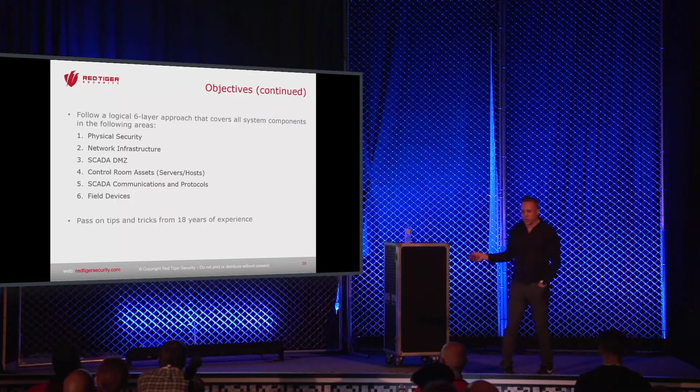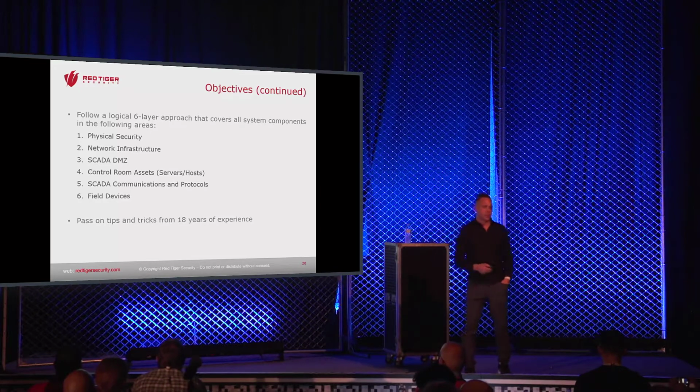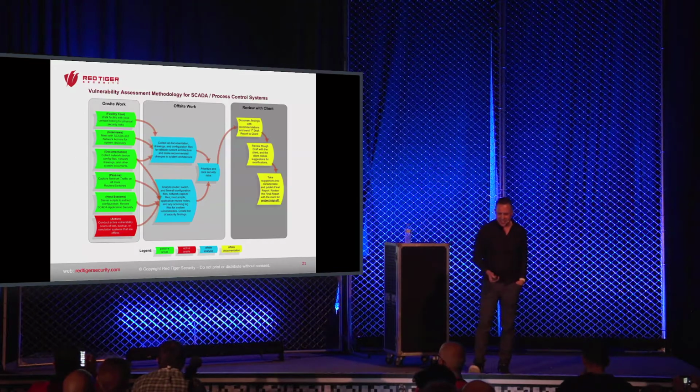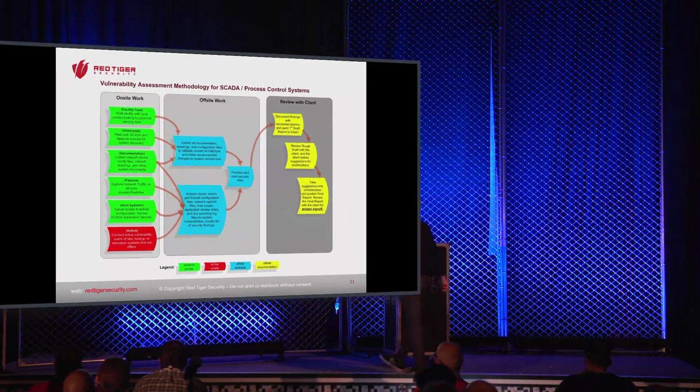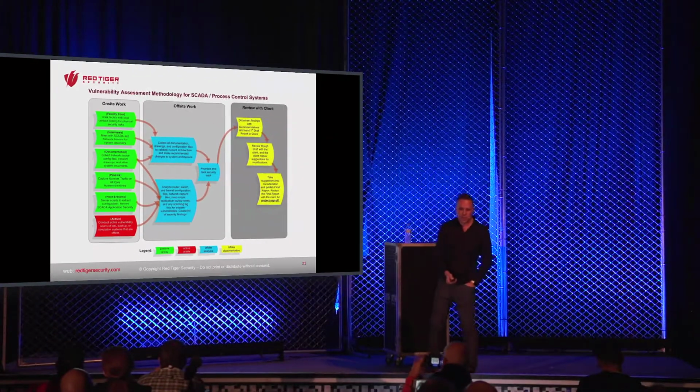So I'm going to try to quickly go through how to conduct an assessment on a live operational system like a power plant or a pipeline control system without shutting it down. That's the key thing. So we're going to break it up into the work that we do on site at the plant, what we do after we leave the plant to analyze the data, and then wrapping up the report and discussing that with the asset owner.